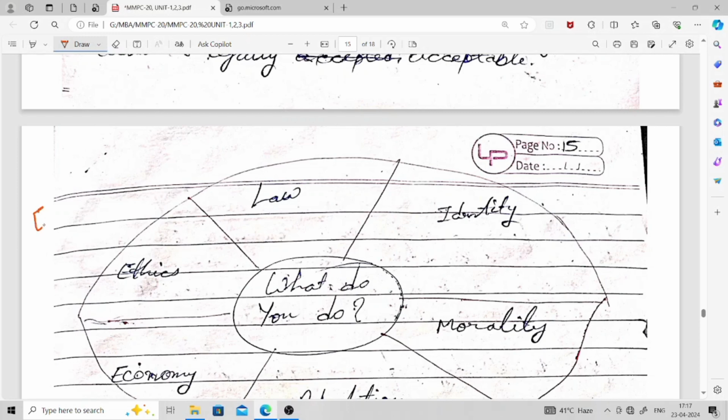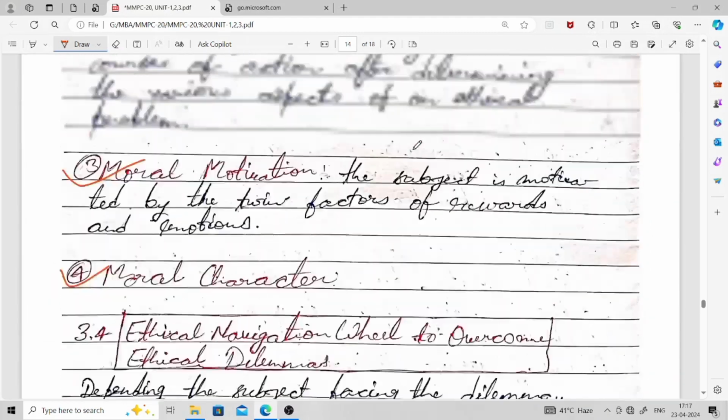Ethical navigation wheel. This is what the ethical navigation wheel is.